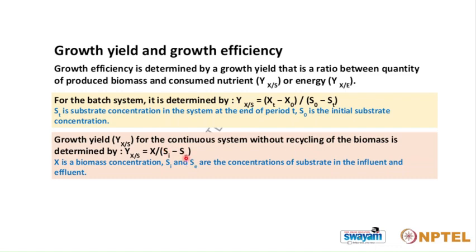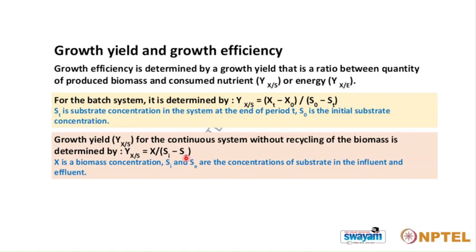In the continuous system, we will be continuously providing the nutrients to the microbes, so the substrate concentration will be varying. So we have to consider the concentration of substrate in the influent and the concentration of substrate in the effluent. With that, we will get the amount of substrate consumed by the microorganism.